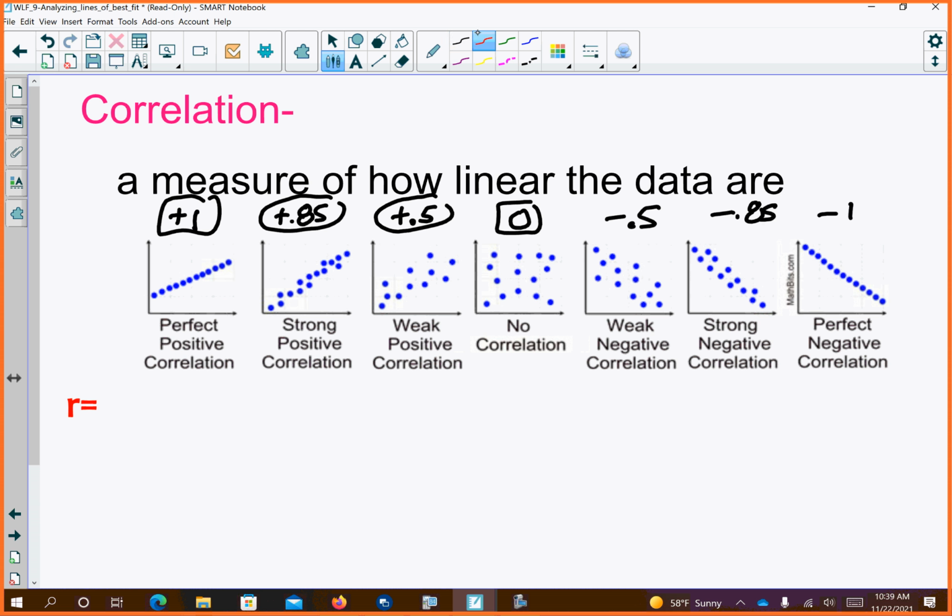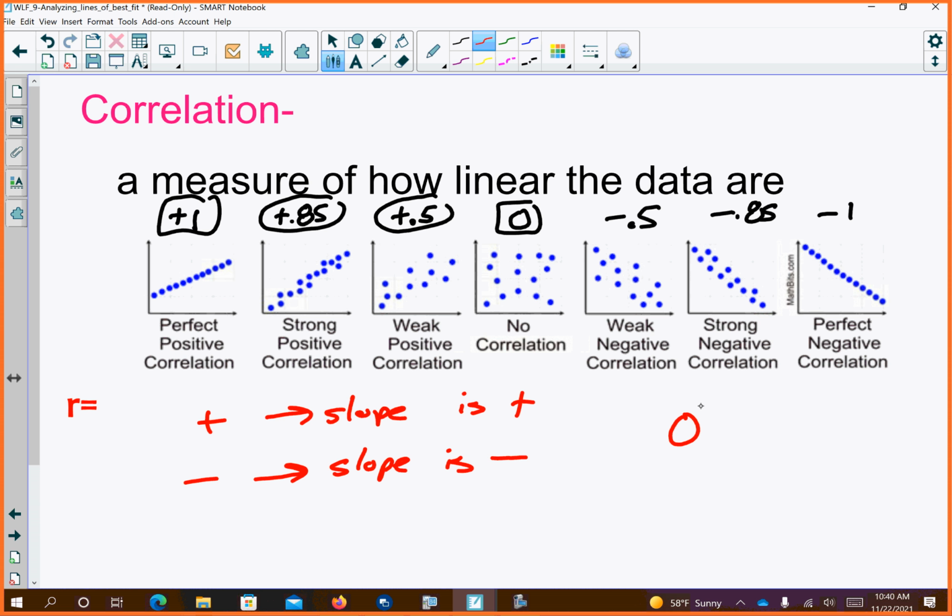So what the correlation means, if it's positive, slope is positive. If it's negative, slope is negative. If it's 0, you're not comparing. You could try and compare 2 things.